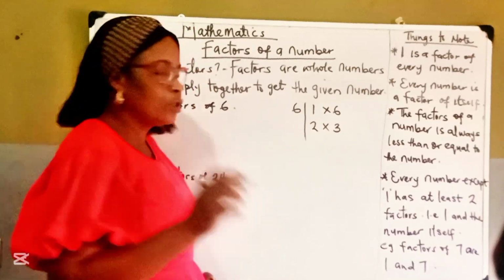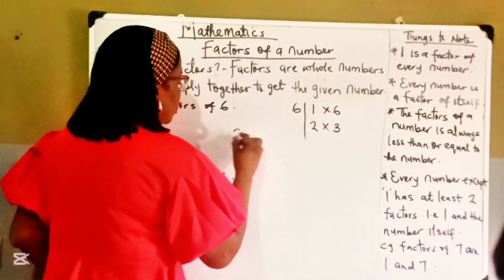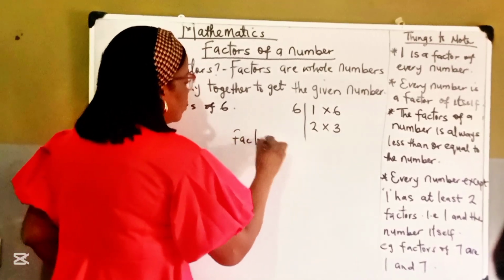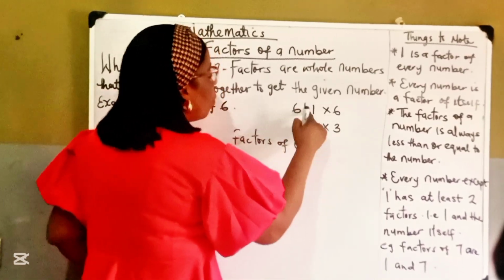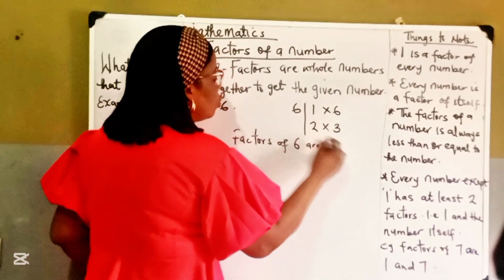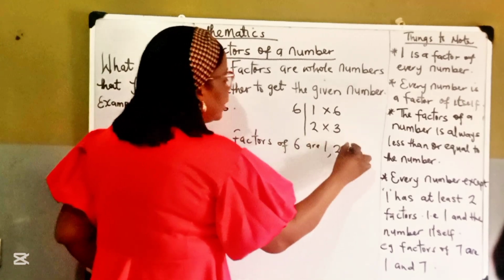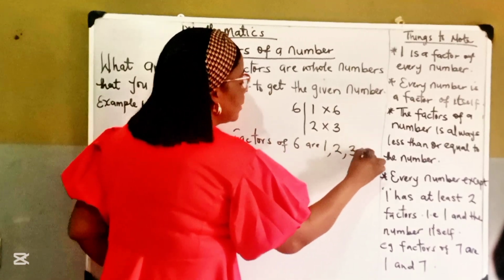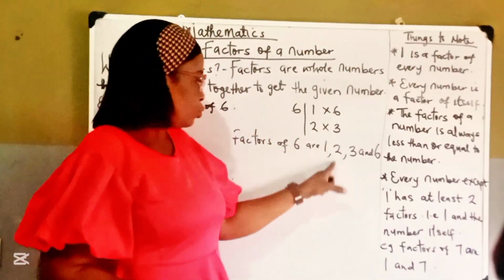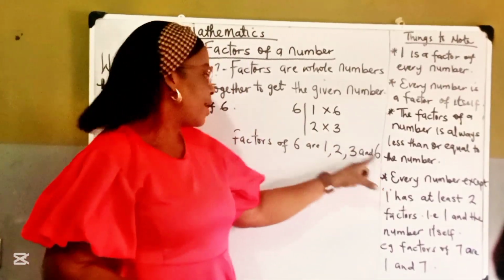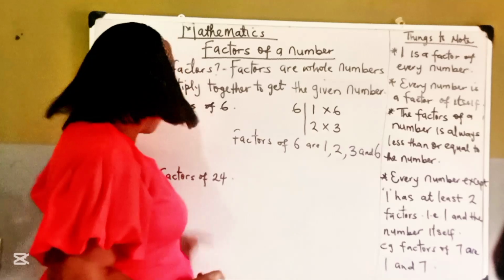So what are the factors of 6? Factors of 6 are 1, 2, 3, and 6. 1, 2, 3, and 6 are factors of 6.